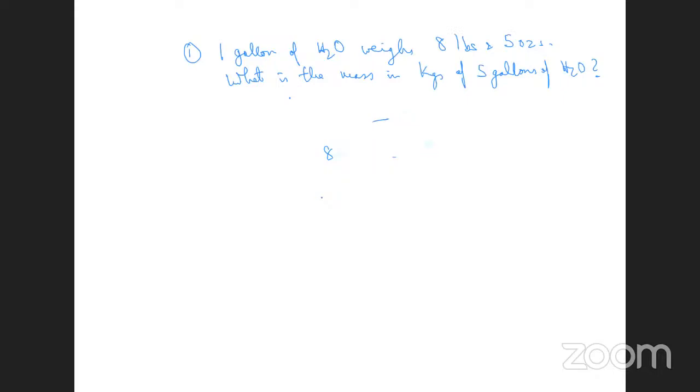In such a question, they also give you the conversion. So here the conversions that they have given are 1 pound is 16 ounces and 1 pound is 454 grams.